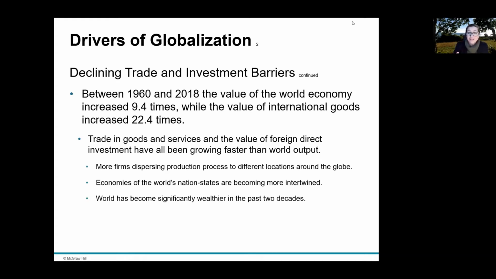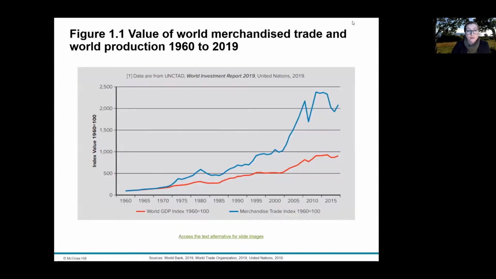But in the context of the coronavirus, this increased international interdependency has meant that global supply chains have brought the global economy to a grinding halt.